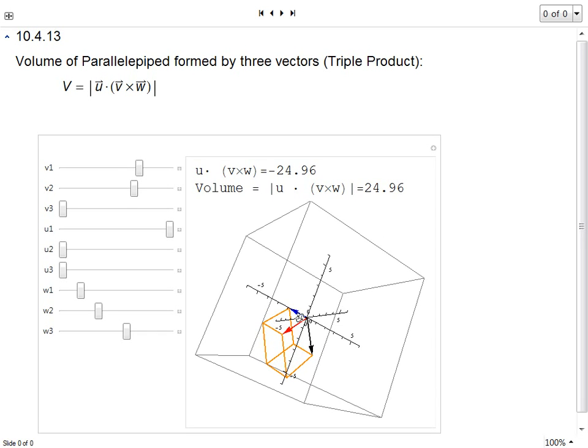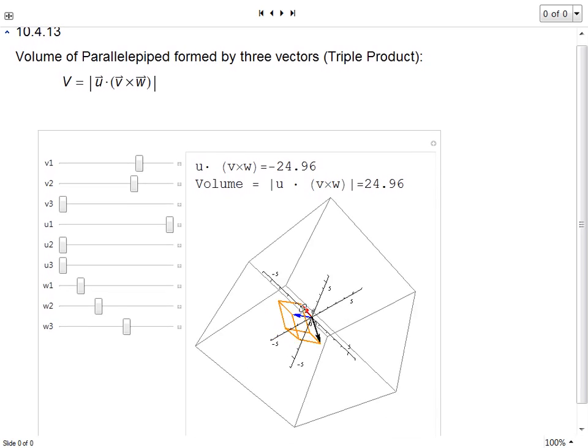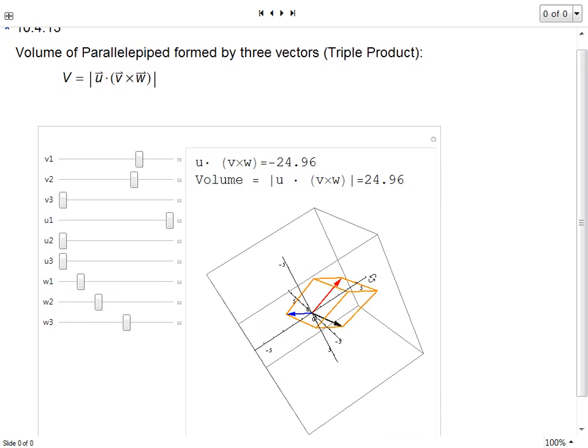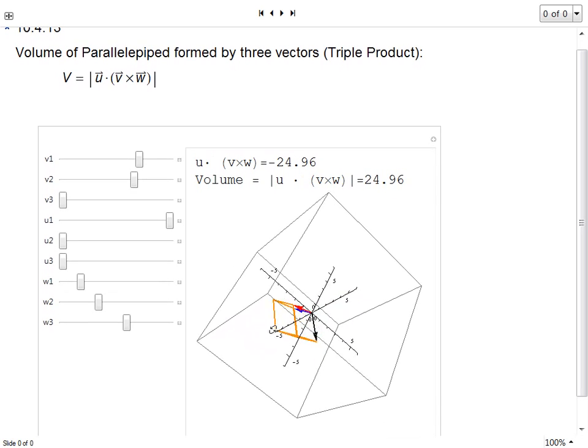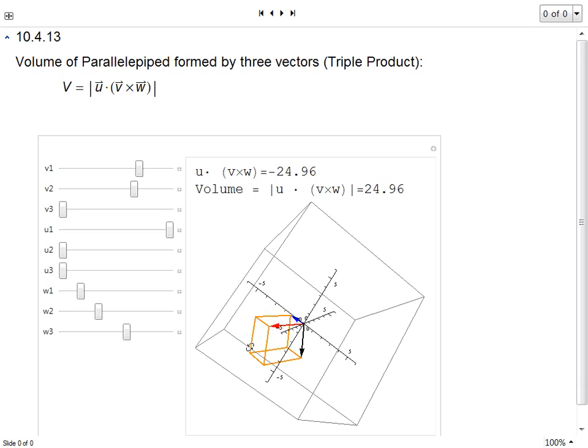These two vectors here, red and blue, create this parallelogram. And then the red and the black create this parallelogram. And then if we just project those across and down, we create this three-dimensional parallelepiped. And that parallelepiped has a volume to it. And the volume of it is what we call the triple product.